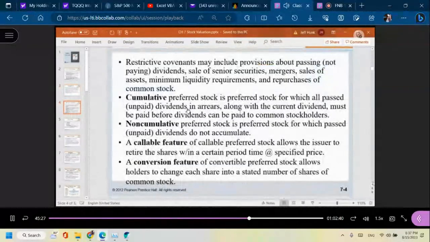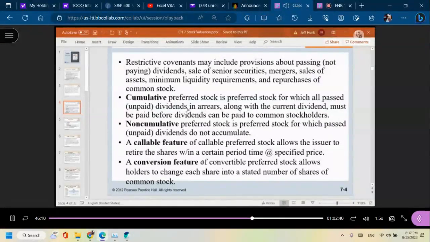As I said, if they don't have any money to pay out dividends, they will have to skip the dividend. For preferred stocks, there are two types depending on what they do with these skipped or passed-up dividends. One is cumulative, and the other is non-cumulative. Cumulative preferred stock pays dividends in arrears, the dividends that have accumulated while it was skipping or passing up the dividends.